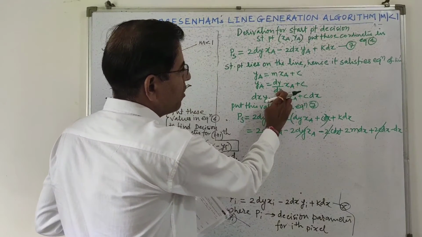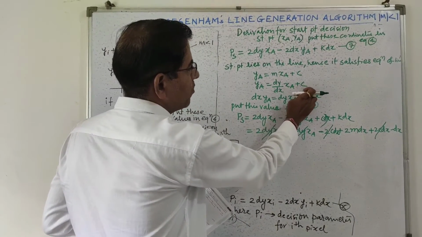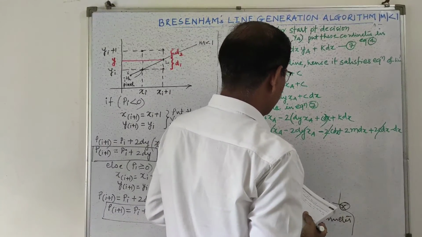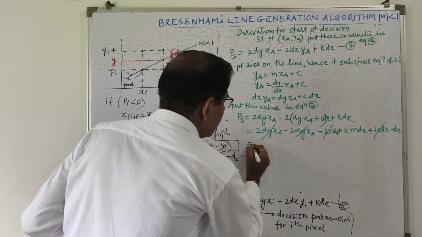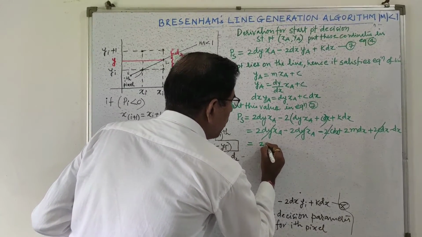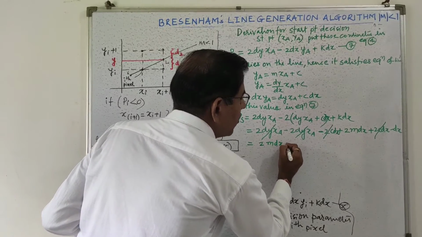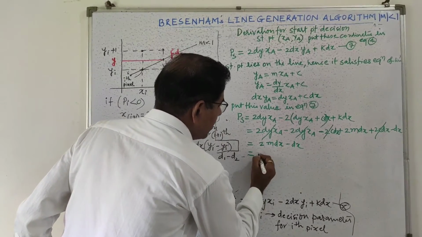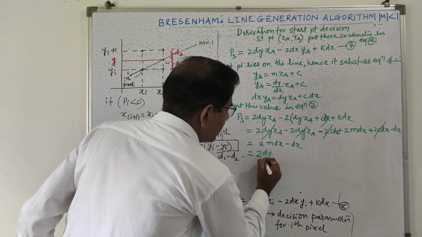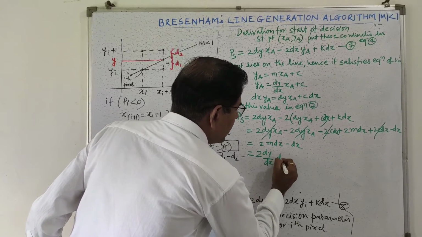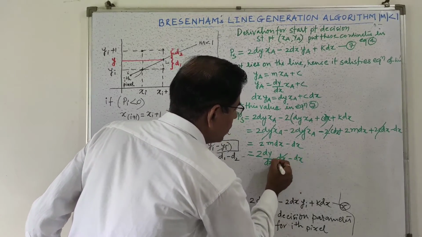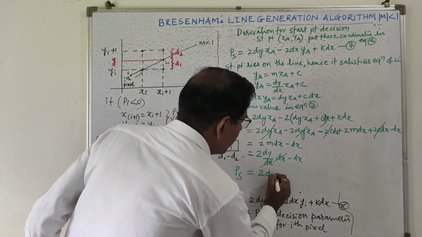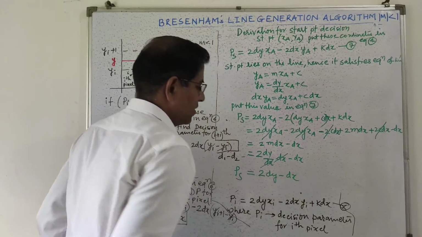The only term remaining is 2m dx minus dx. Now replace m by dy by dx, into dx minus dx, so dx gets cancelled.